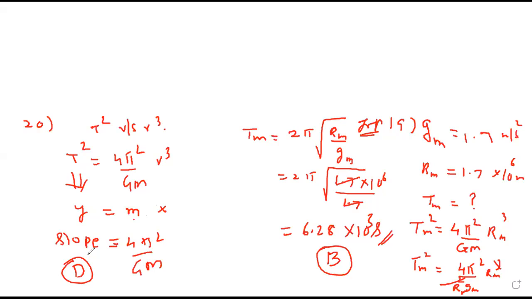Next one. Sum number 25. 21. Imagine a light planet revolving around a very massive star in a circular orbit of radius r with period t.